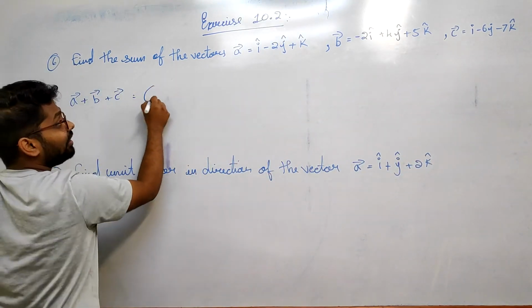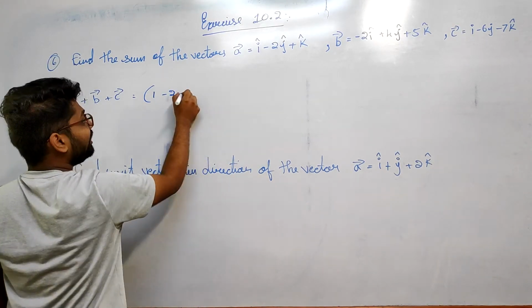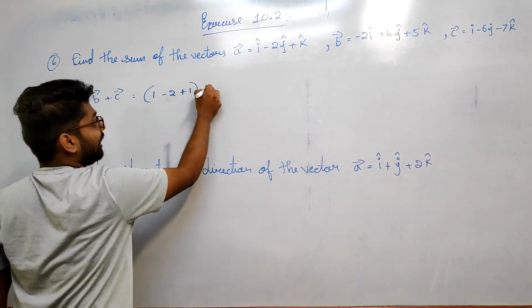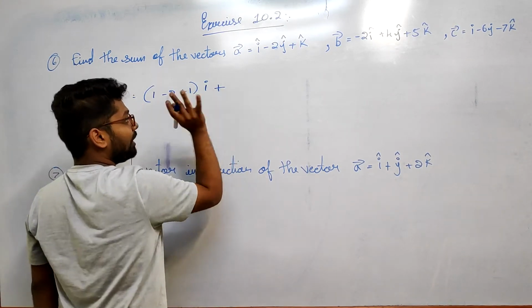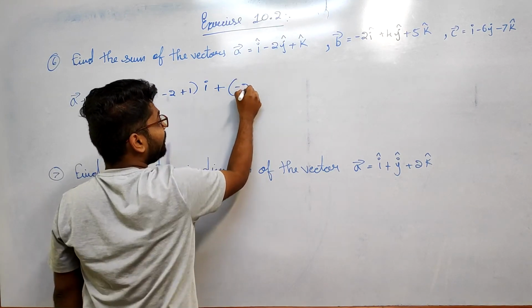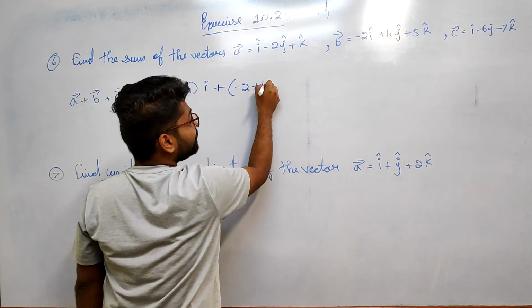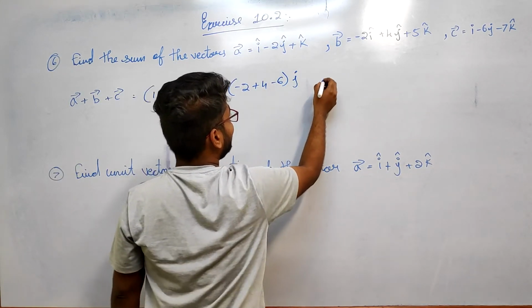So it will be like 1 minus 2 and here again plus 1, i. Understanding? Plus only you will put. Then for j, it is minus 2 plus 4 minus 6, j. Clear?